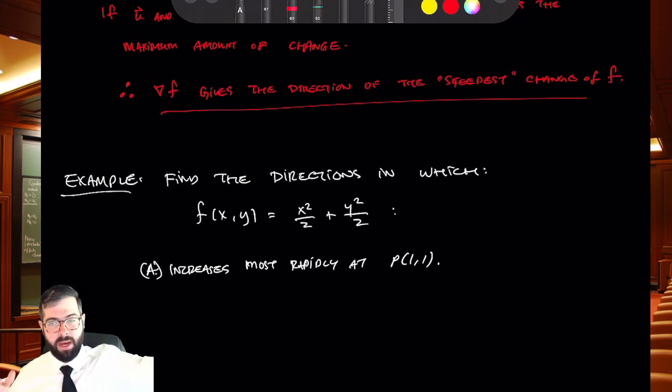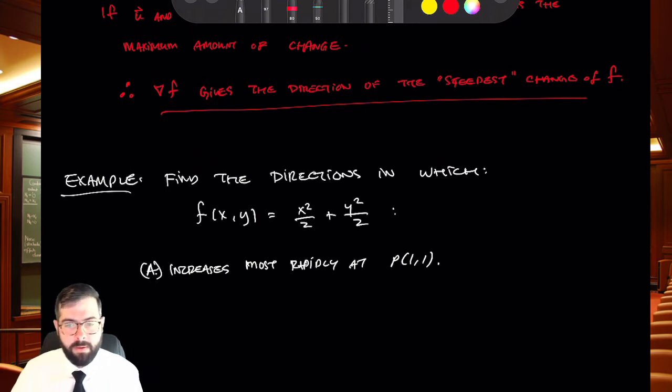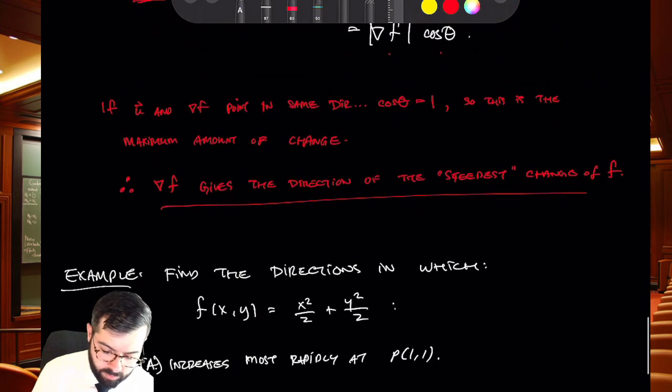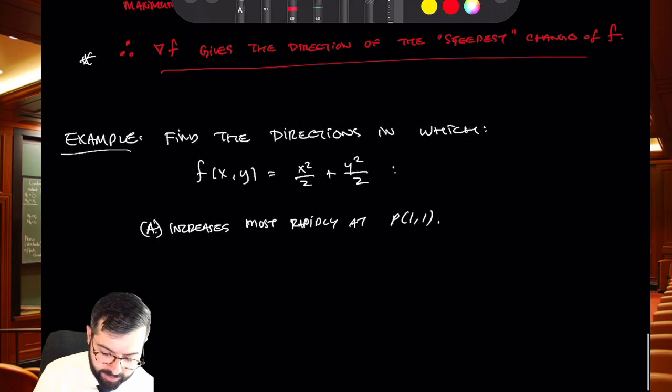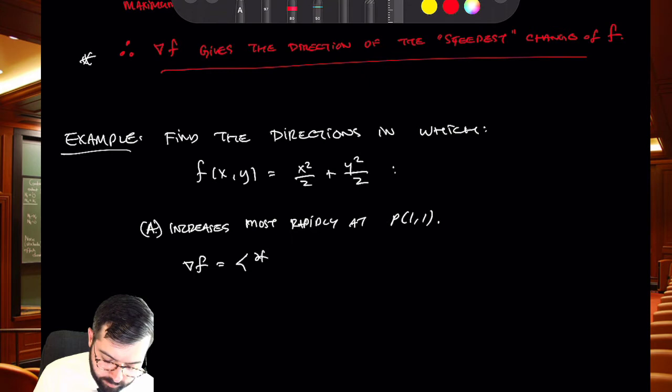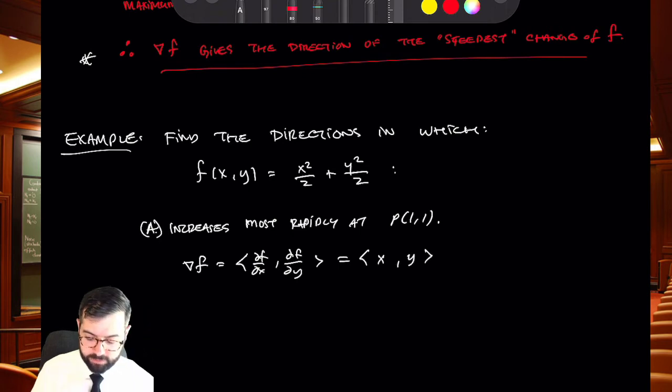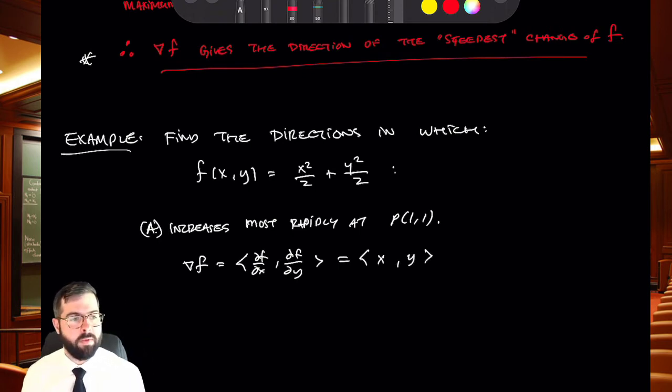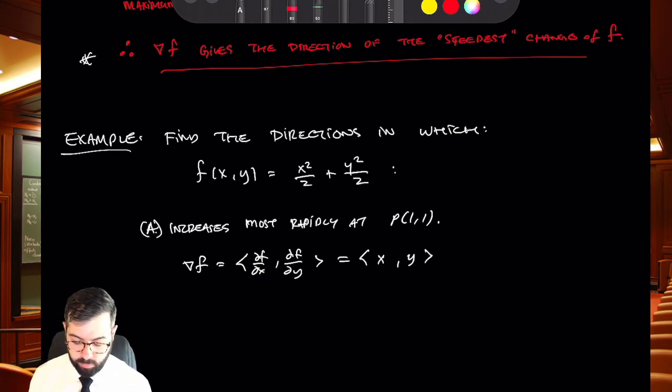So how would I find the path of the steepest ascent here? Well, that's the gradient, so we're going to go ahead and find that vector. For this surface in general, it's x, y, since it's 2x over 2 and 2y over 2.